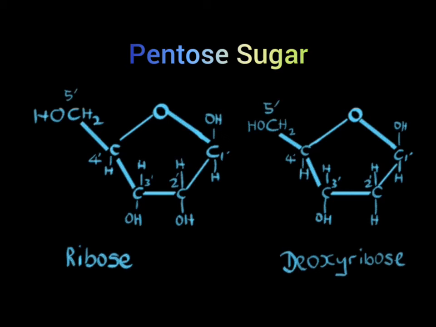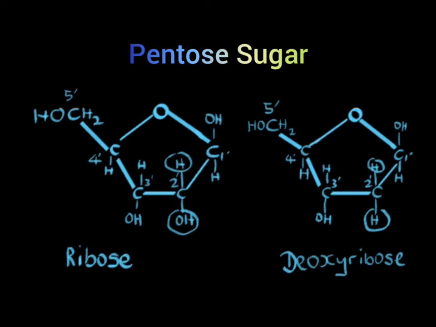Notice that at carbon number 2 of the ribose, we have both a hydrogen atom and a hydroxy group. But at carbon number 2 of the deoxyribose, we have two hydrogen atoms.